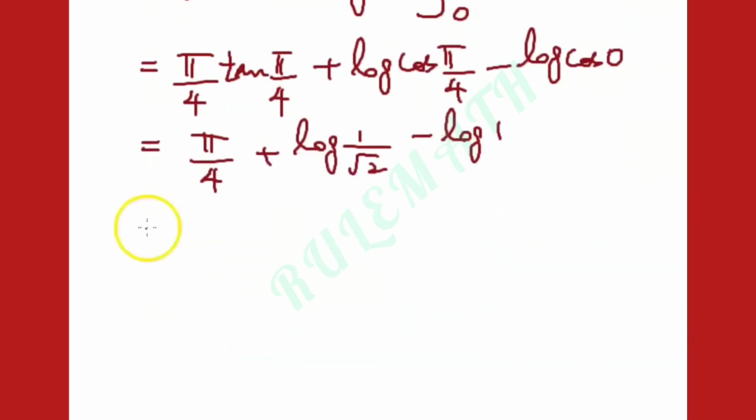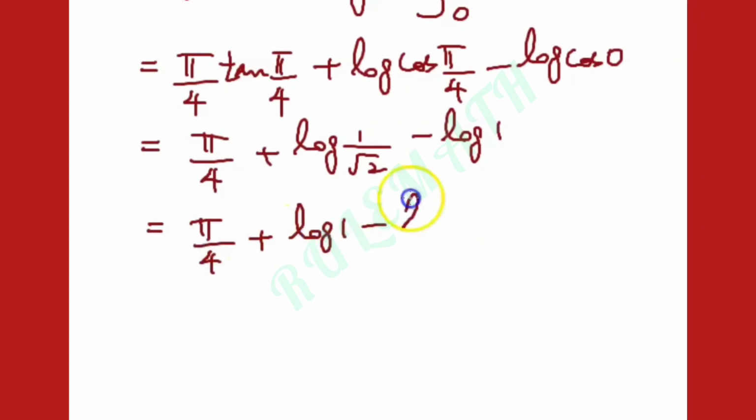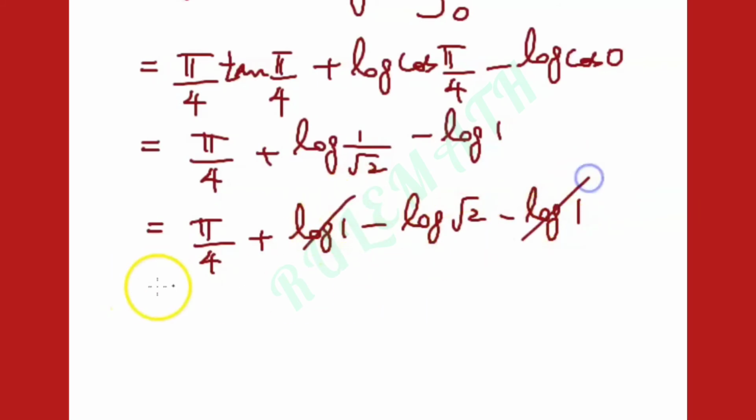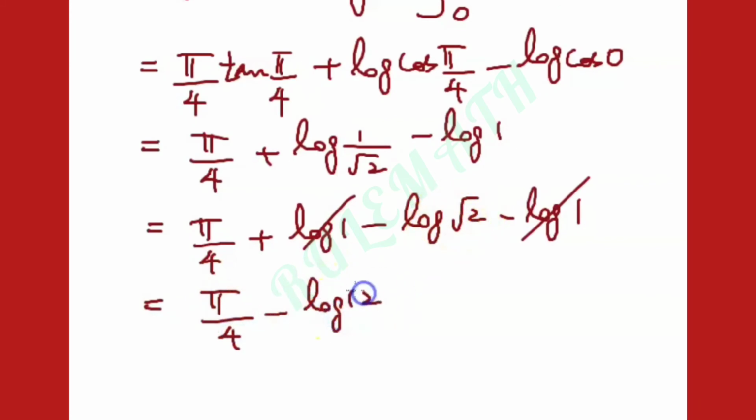Now pi by 4 plus log a by b is log a minus log b. Using that, we write log 1 minus log root 2 minus log 1. You can cancel log 1 here, plus and minus. Pi by 4 minus log root 2. Root 2 can be written as 2 power half. Using power rule, we can write pi by 4 minus half log 2.